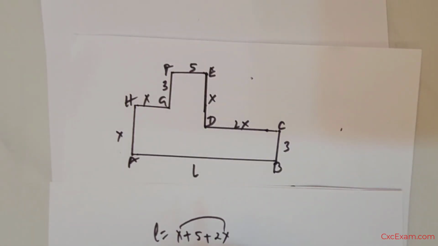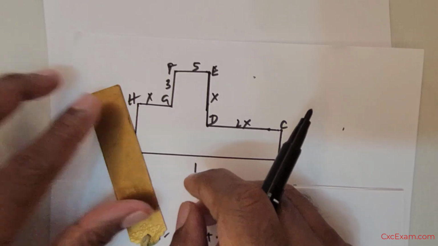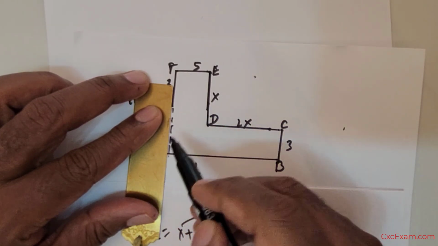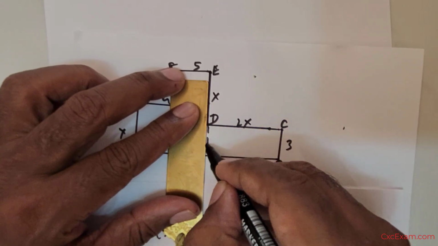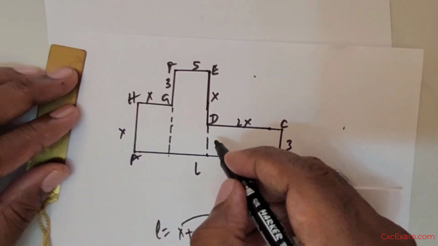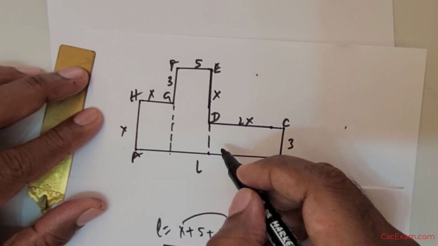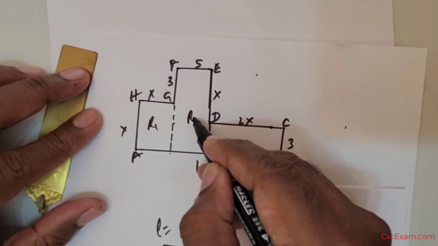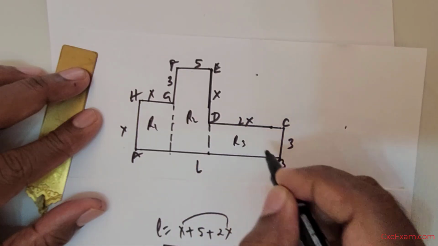Now the next question wants us to calculate the area of the floor. So for that you have to go back to the figure and complete the shapes. Okay, so you have a rectangle 1, a rectangle 2, and a rectangle 3.